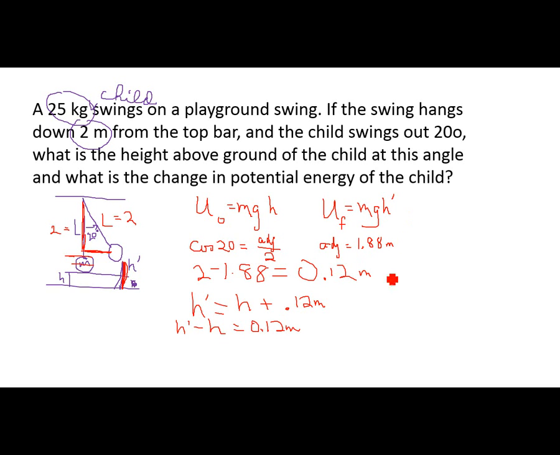So the change in potential energy, delta U, is U final minus U original, which is mg times h primed minus h. Okay, I think you can handle the rest of that.